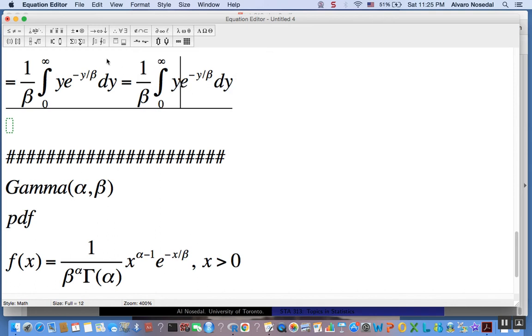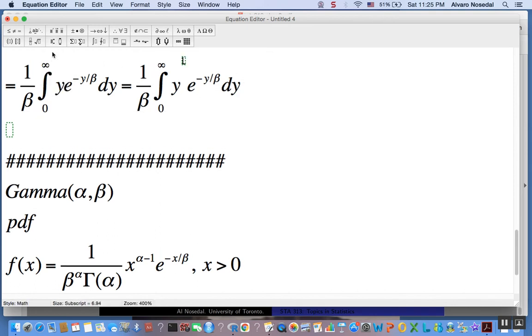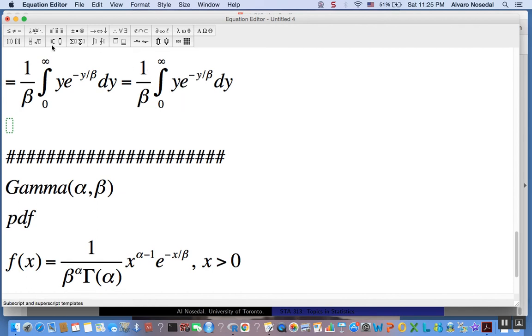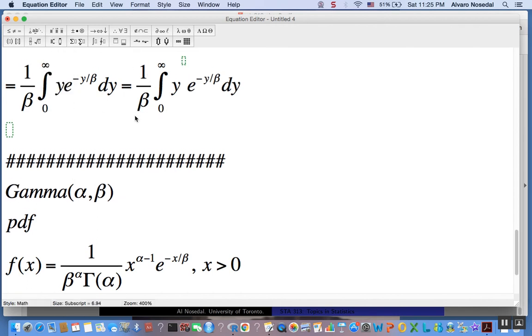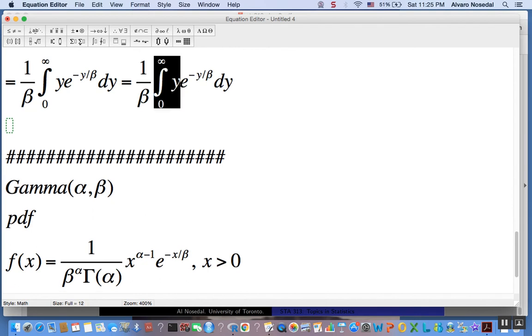So I just want to have power 2 minus 1. That's the same as y.